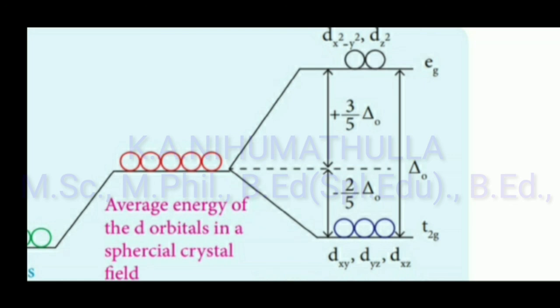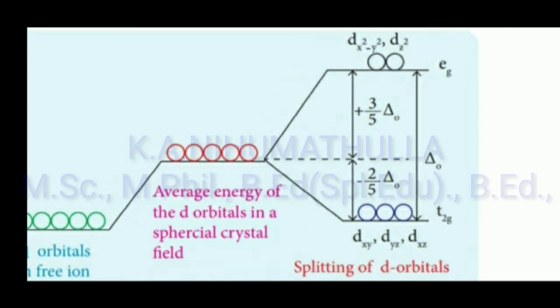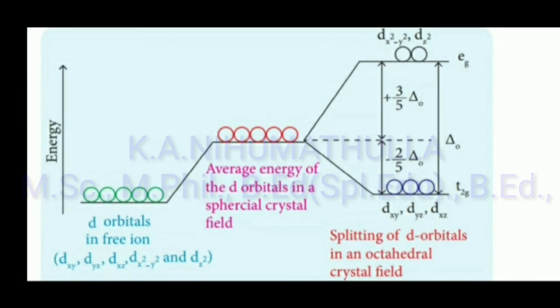The lower level is decreased in energy, indicated by minus 2 by 5 delta O. The upper energy is high, and the increase is indicated by plus 3 by 5 delta O. So this is crystal field splitting in octahedral complexes.